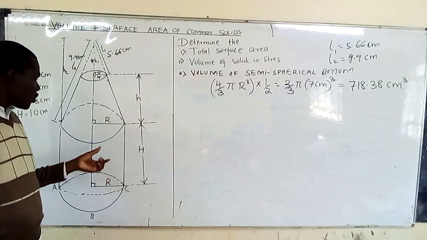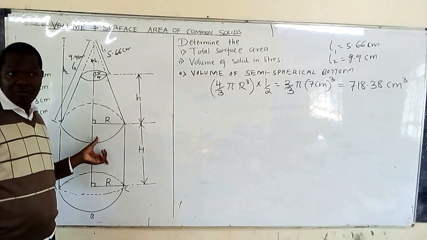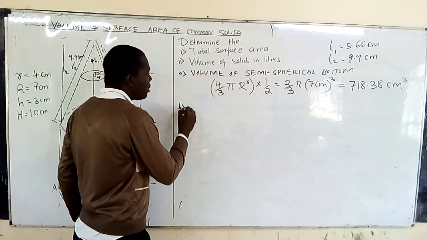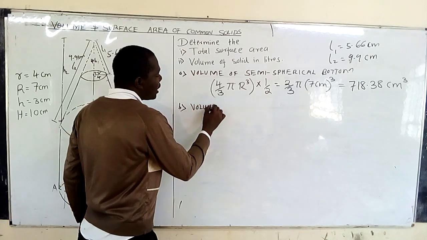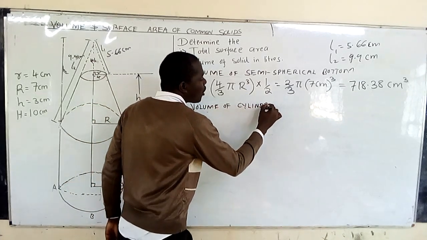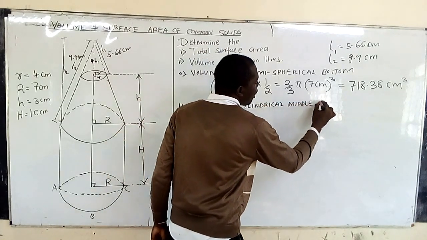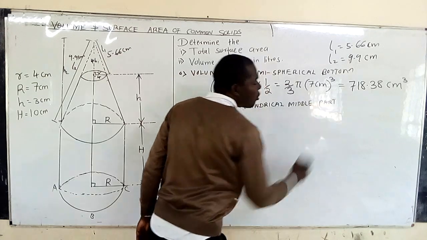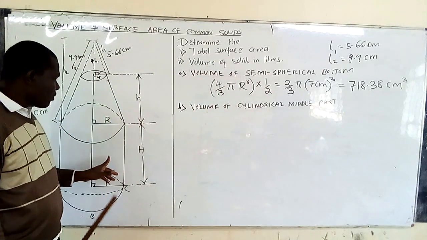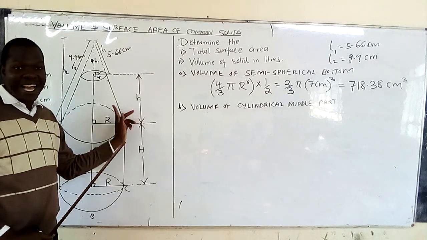Then we go to the volume of the cylindrical middle part, isn't it? Yes. Volume of the cylindrical middle part. So how do we get the volume of the cylindrical middle part? For you to get the volume of a cylinder, it is the cross-sectional area times height, isn't it?